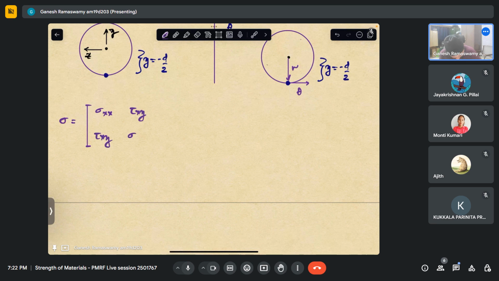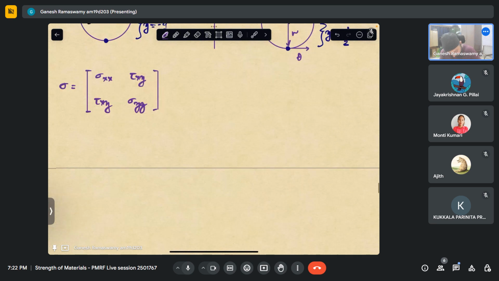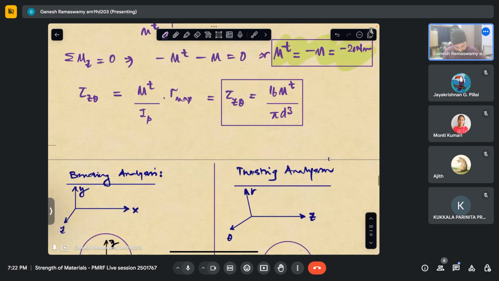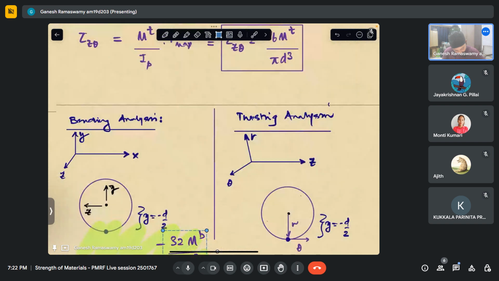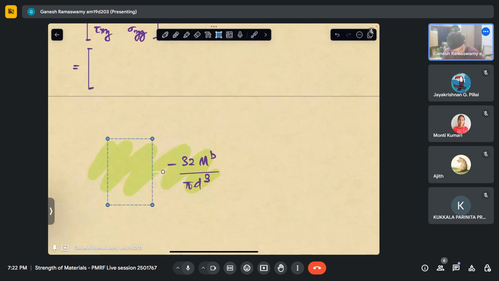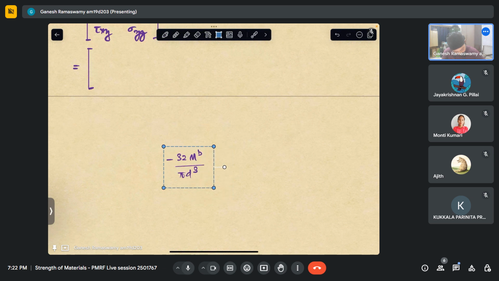But actually speaking, this I can also populate as sigma xx was this quantity. So I'll just delete this. And I actually took y to be minus y by 2, which is why this came out to be positive.